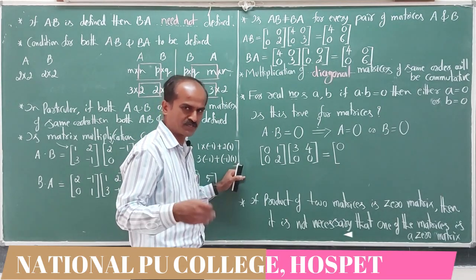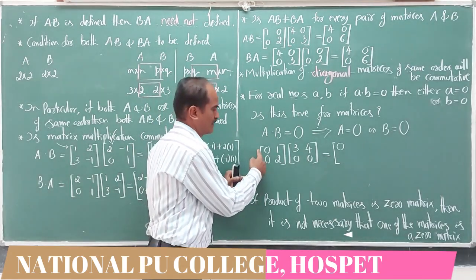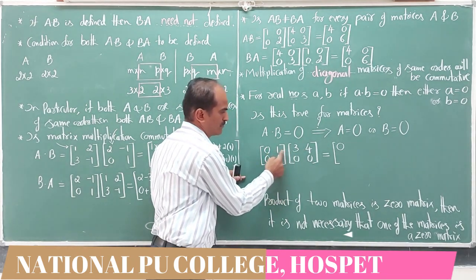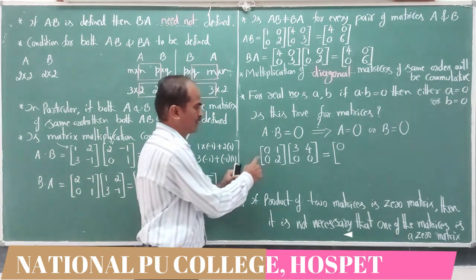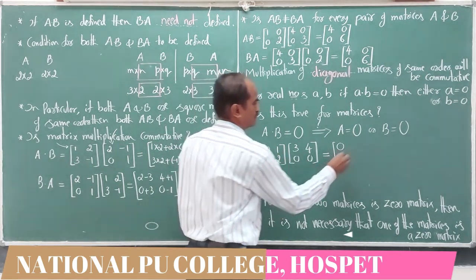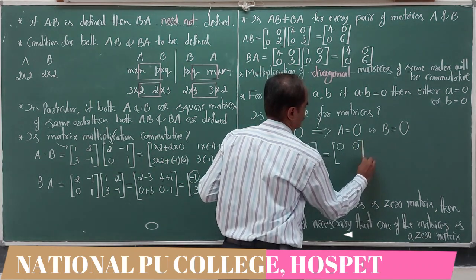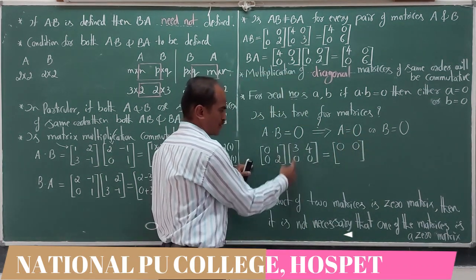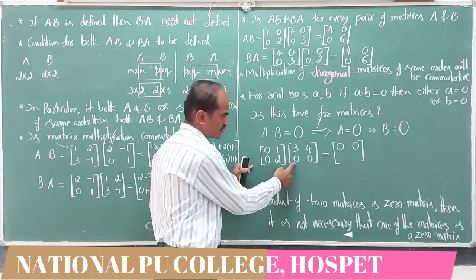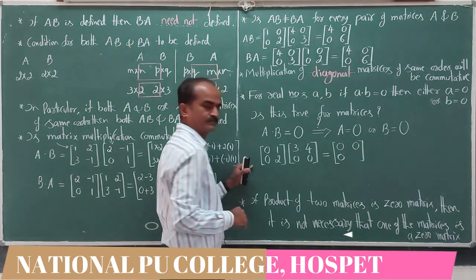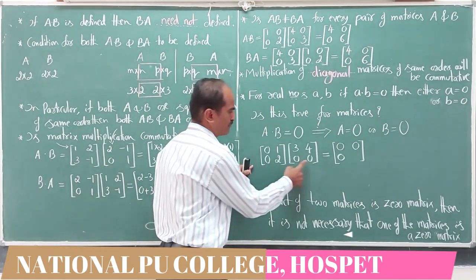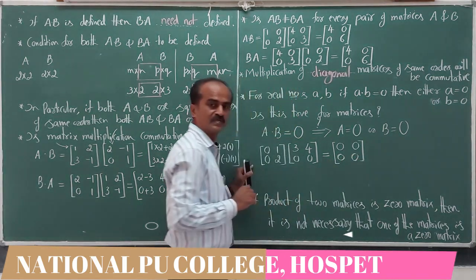Just now we practiced how to multiply two matrices. First row, second column: 0 into 4 plus 1 into 0, that is 0. Second row, first column: 0 into 3, 0, plus 2 into 0, 0. Second row, second column: 0 into 4 plus 2 into 0, 0.